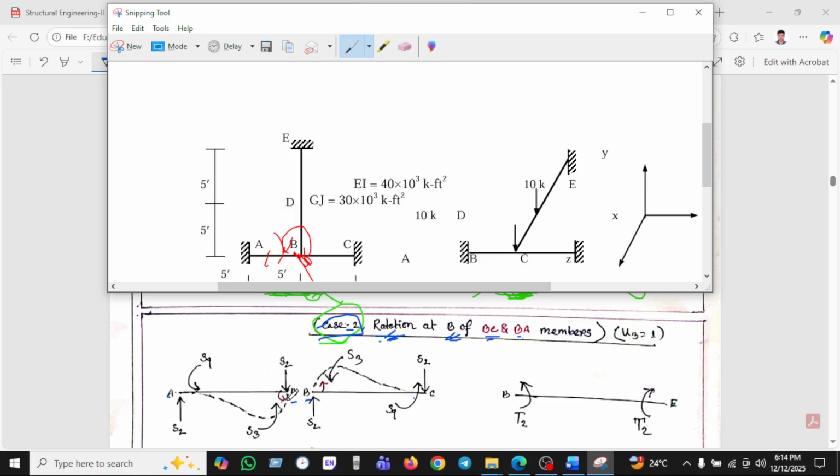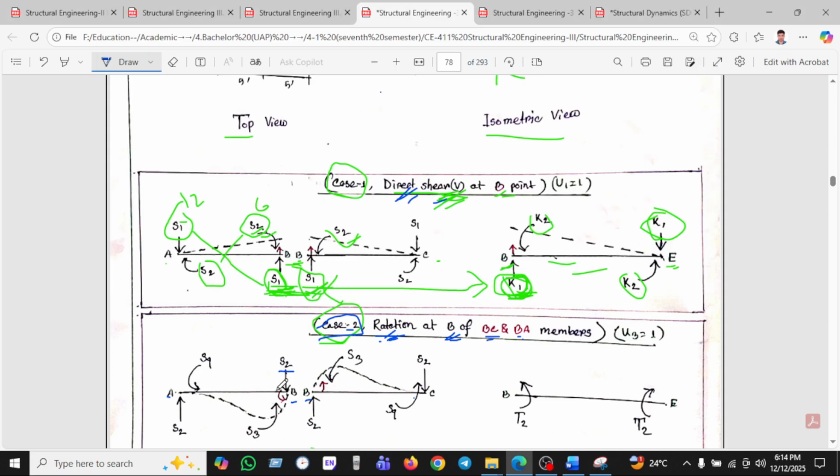When the rotation is applied, the value will be S2. And the same way, the opposite direction of S2 will be S3, and S2 is here, so it will also be S2 here. And remember, when the rotation is applied, S3 is opposite of S2, but in the far direction it will be S4.